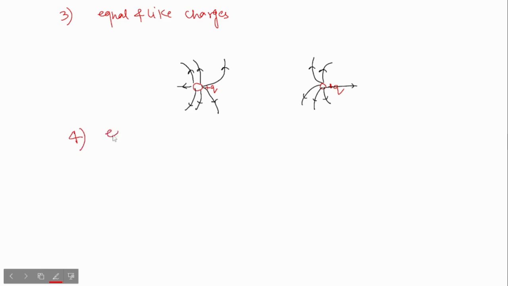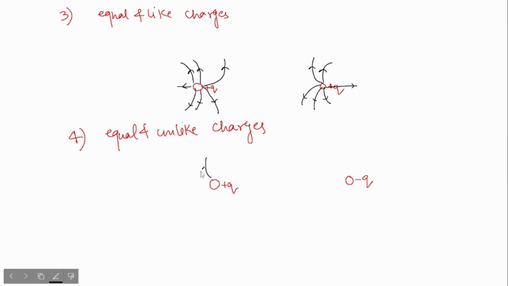Now the fourth case, where we want to draw electric field lines due to equal and unlike charges. Suppose this is a positive charge Q and this is a negative charge. How would the electric field lines be?